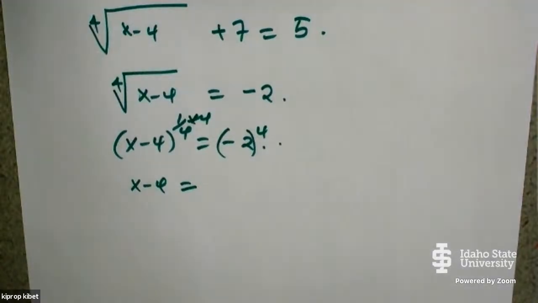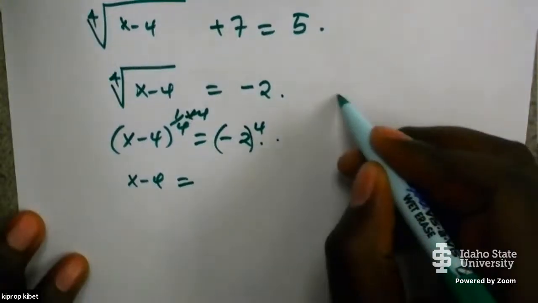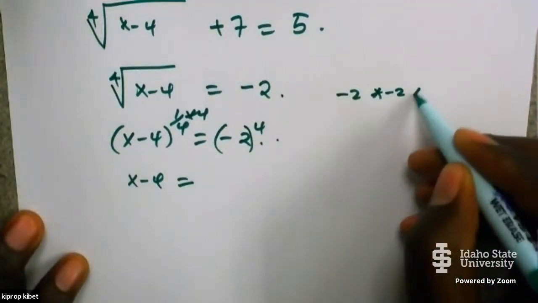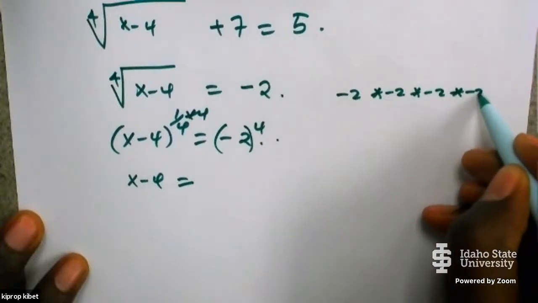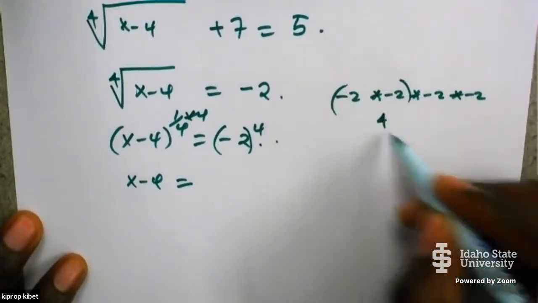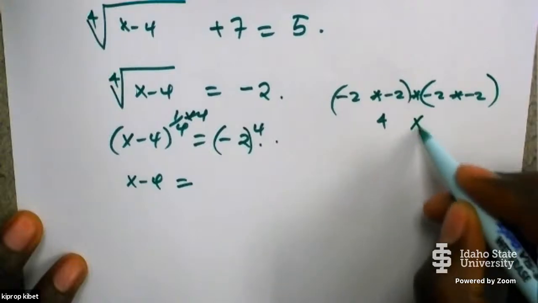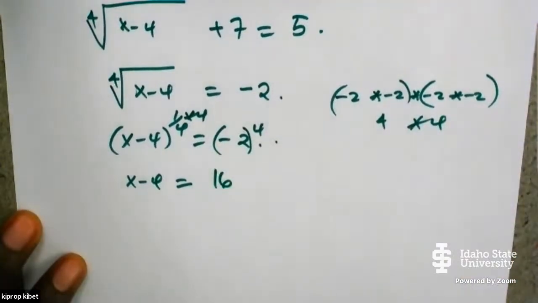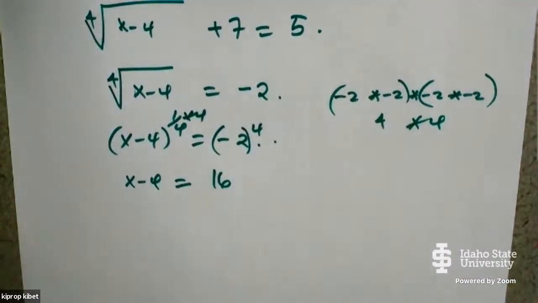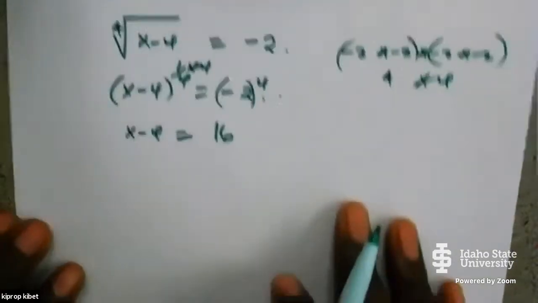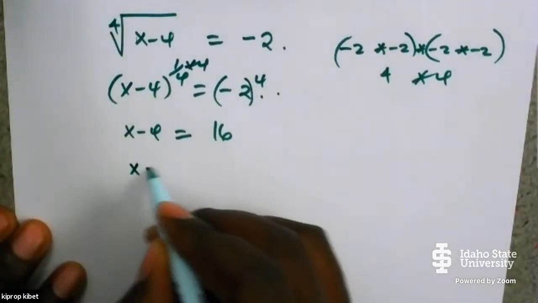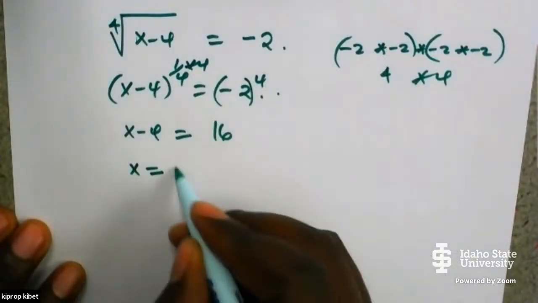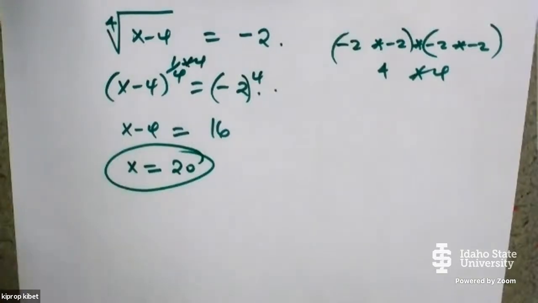Minus 2 raised to 4 is minus 2 times minus 2 times minus 2 times minus 2, which equals 16. So x minus 4 equals 16, and x equals 20.